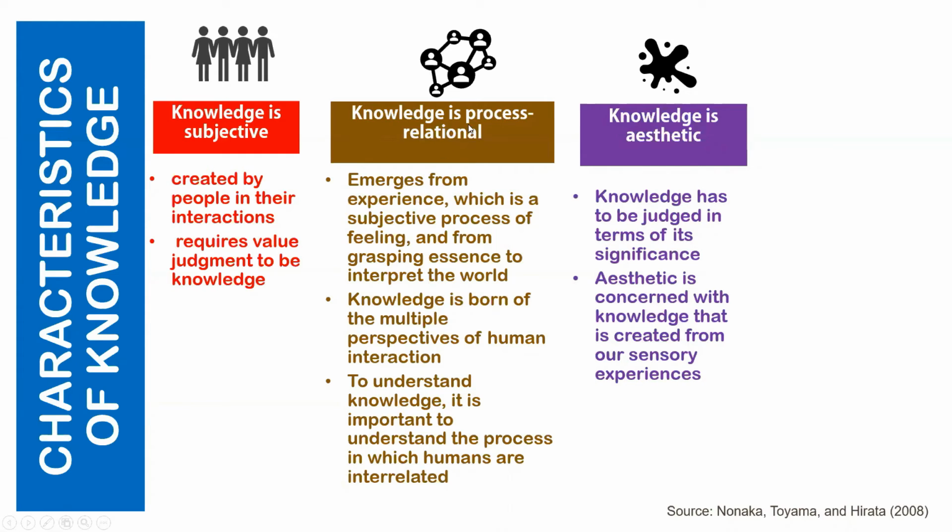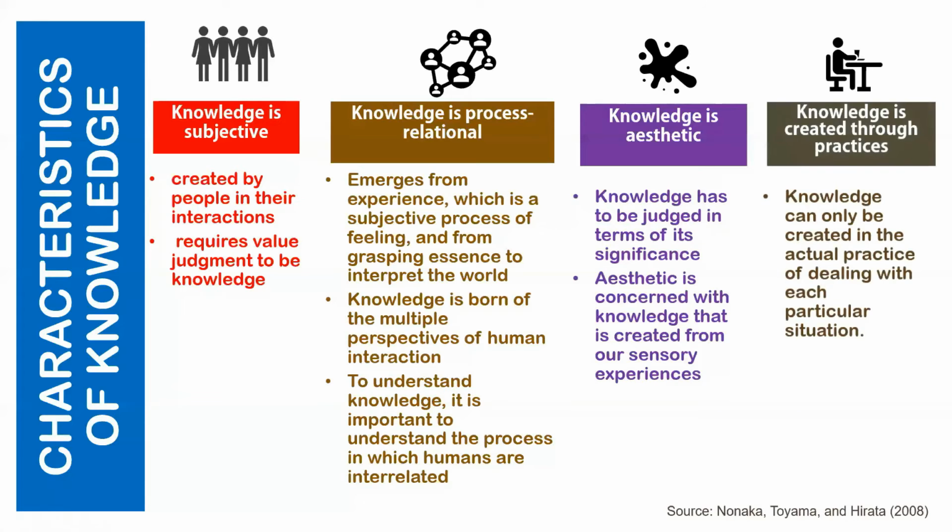They also relate to other people, where they integrate the knowledge that emerges from their experience. So this is an example to explain a characteristic of knowledge, that knowledge is aesthetic. So knowledge is also created through practice.